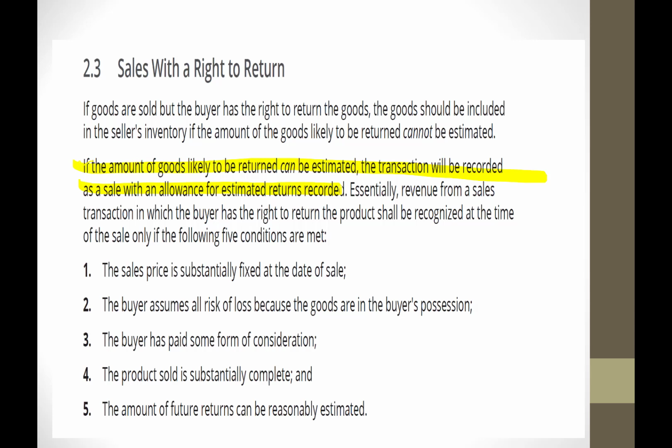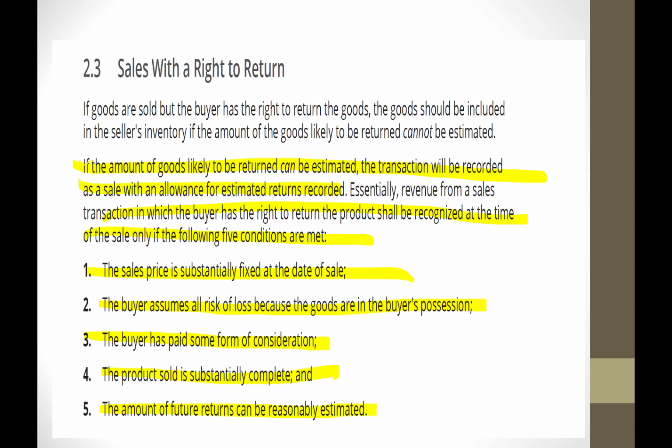take a liability for the estimated amount of returns, right? And we're going to debit the sales returns for that, okay? And we don't recognize a sale until we meet the following requirements. The price is substantially fixed, the buyer assumes the risk, the buyer has paid some form of consideration, the product sold is substantially complete, the amount of returns can be estimated.